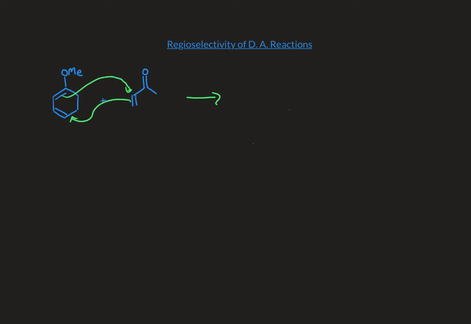This goes here, there, and we wind up with this product here. Or the alkene or dienophile could have been oriented the other way, like this. And so we wind up with this product.